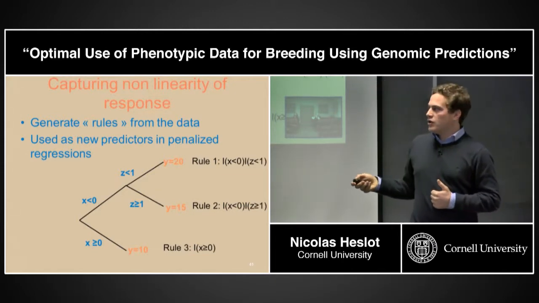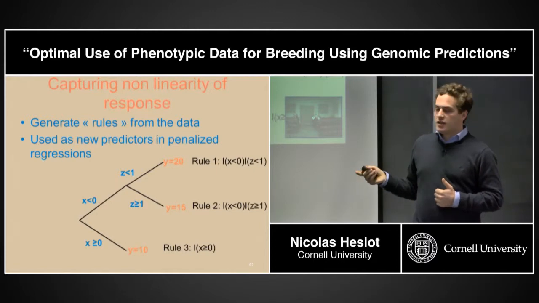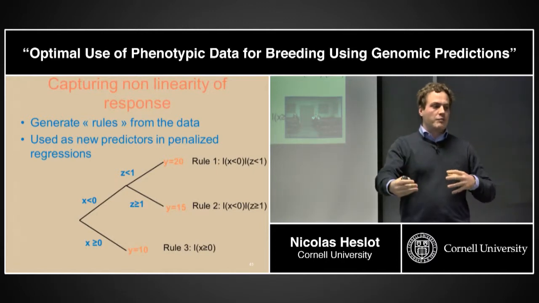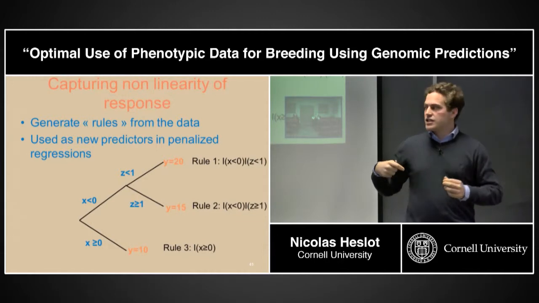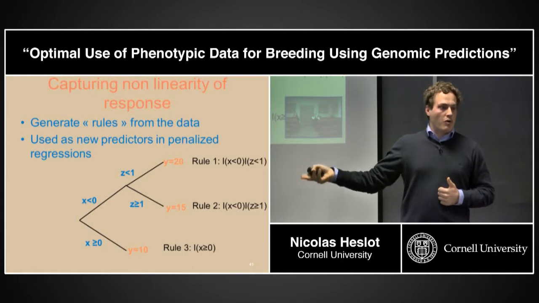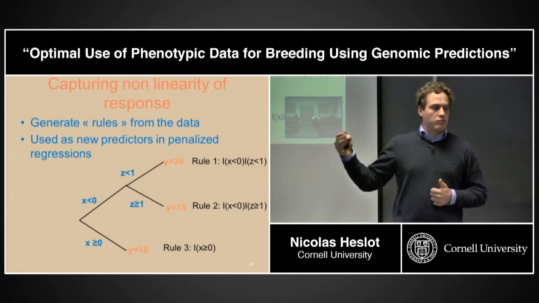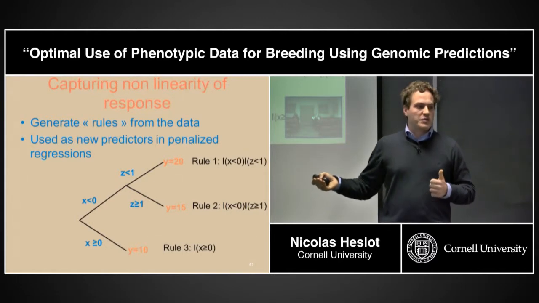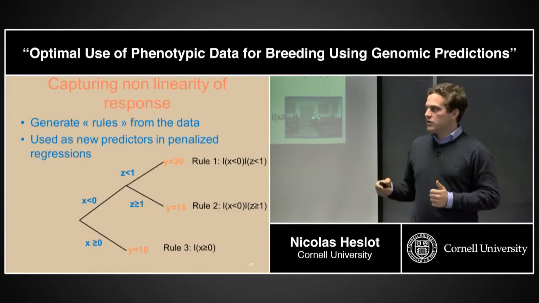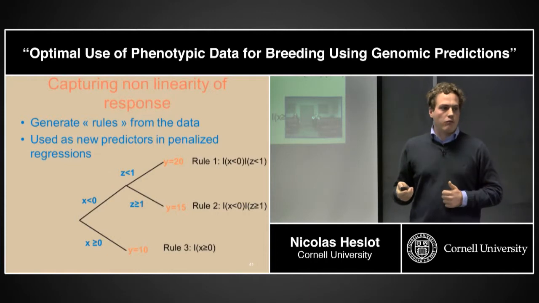So we generated a number of those composite predictors using bootstrap samples of the data, generating a regression tree and parsing the rules. It has been shown in a number of machine learning papers that this technique is extremely powerful to capture really complex response patterns without specifying a priori what type of pattern we're interested in. So it seems to be a perfect tool for what we're looking for.